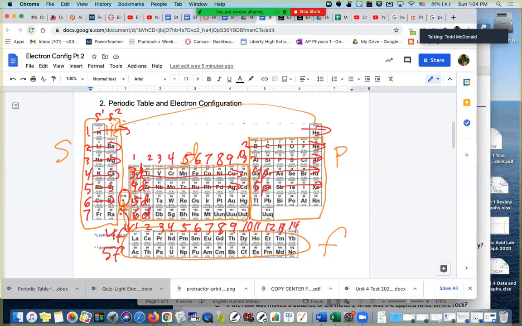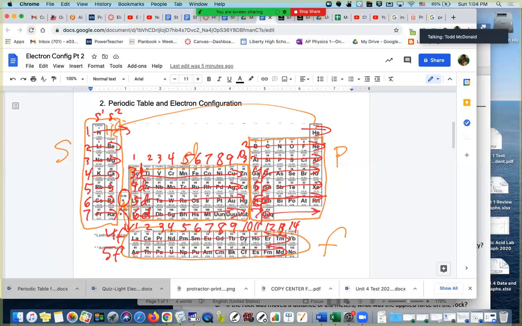So we can have 4f all the way up to 14. After you get through filling 4f, we come back and we go 5d, 1 through 10, and then 6p all the way across, 1 through 6, 7s, take a detour again, we go 5f all the way through 1 through 14, and then we come back up to 6d, 1 through 10, and then 7p is right here.